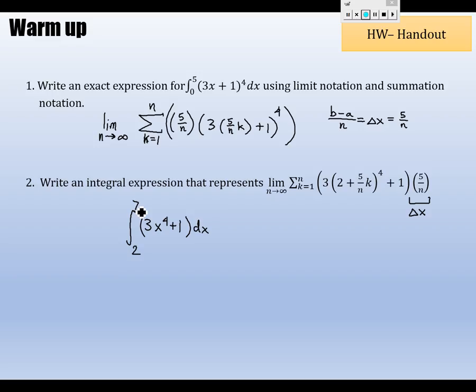If you plug in 1, do you get 1? If you plug in 2, do you get 9? If you plug in 2, 2 squared is 4. 3 squared.